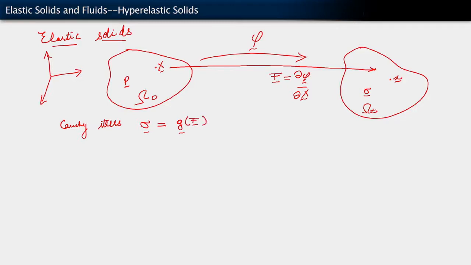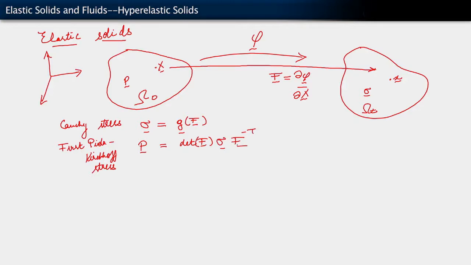All right? And from here, we know that we have the first Piola-Kirchhoff stress P, P equals, we know it is equal to determinant of F, sigma, F inverse transpose.